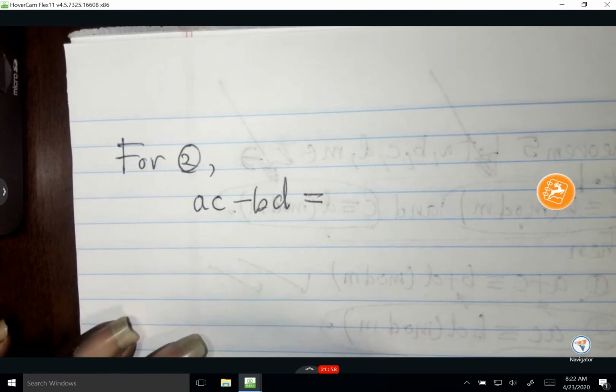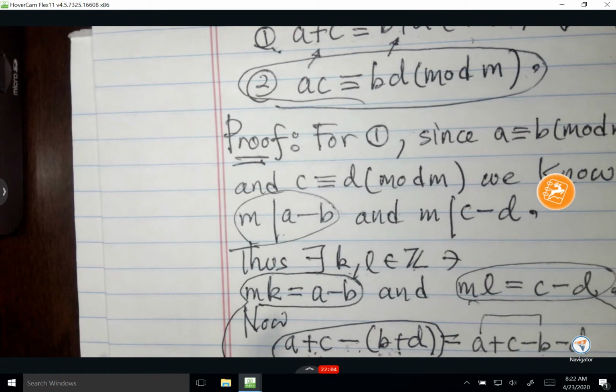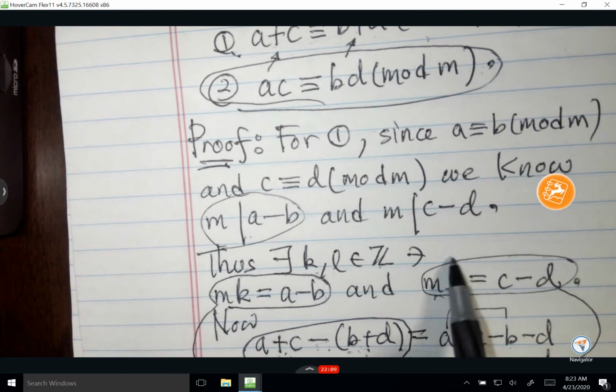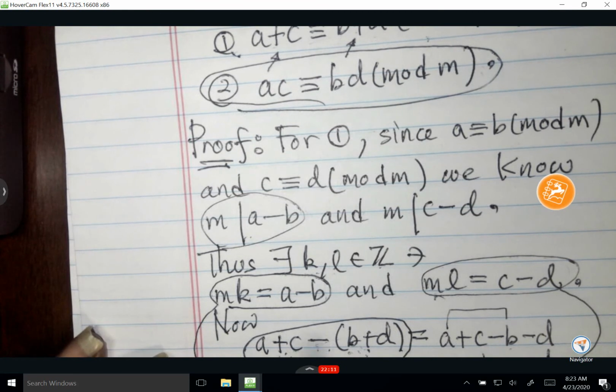Well, if you look back here at these two circles, for these differences, I can use those as weapons again, just like I did here.